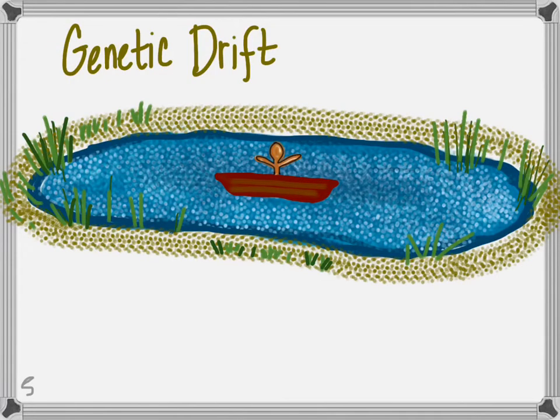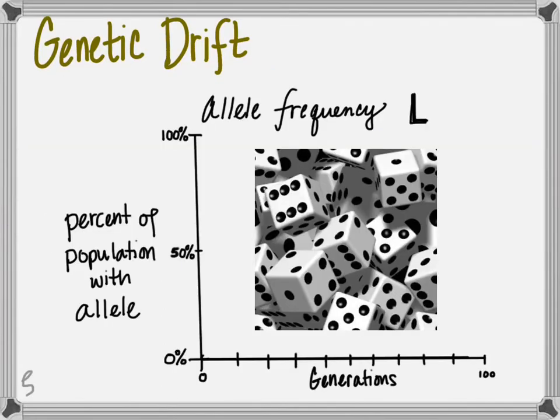And just like you drifting in a boat on a lake with no paddle, where it would be pure luck if you drifted to shore or not, when a trait is changing due to random chance, it's pure luck of the draw which traits and alleles are passed on and in what proportions.